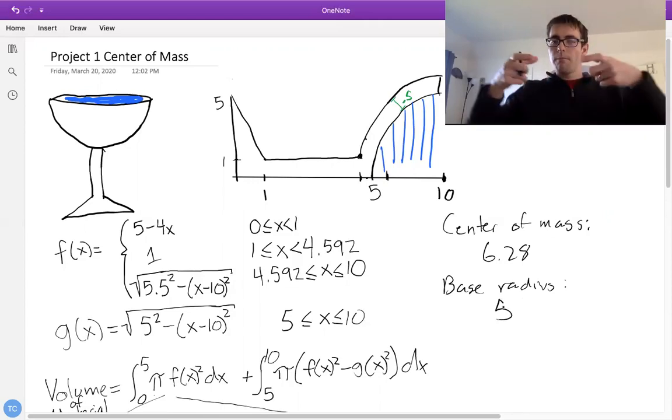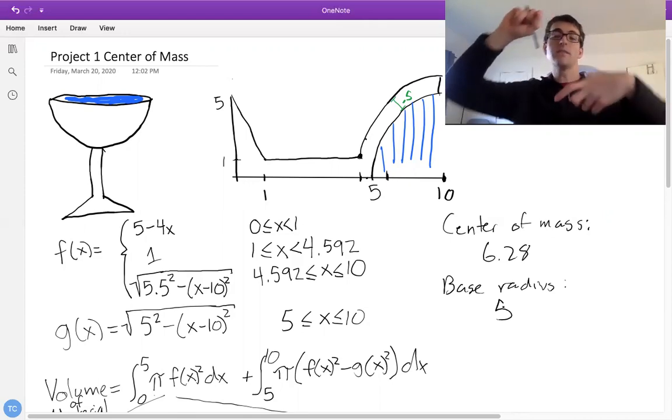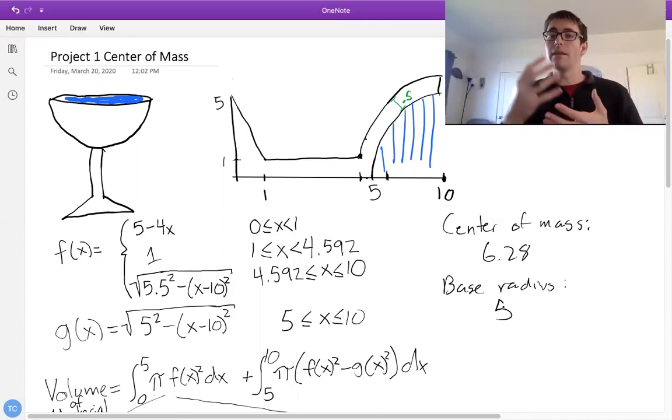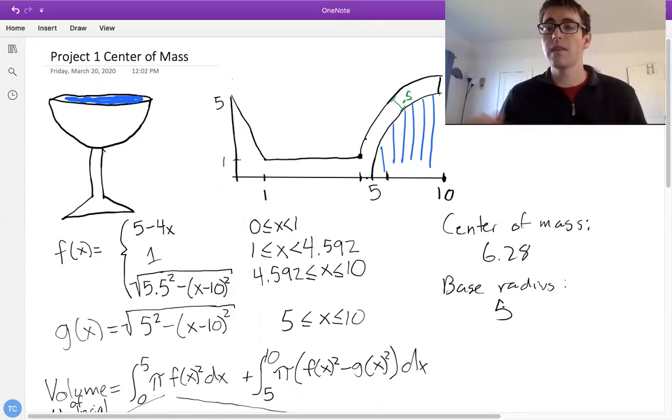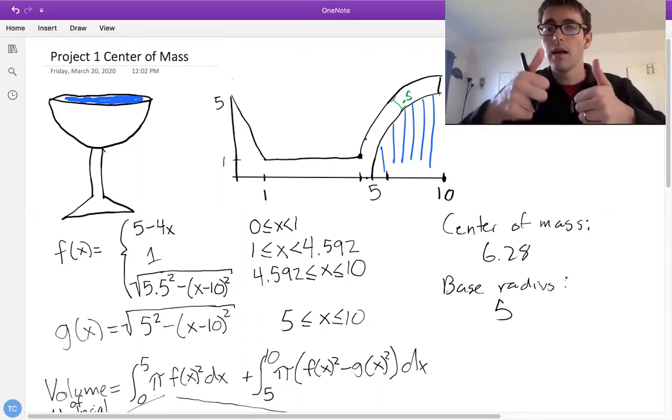So the base is actually pretty big relative to the height of the center of mass, and because of that, the whole goblet is pretty stable. The rule in the description was that we want to make sure that the center of mass is not more than 3 times the radius of the base. Since 6.28 is less than 15, I'm good.